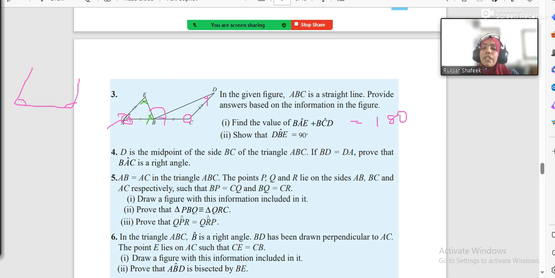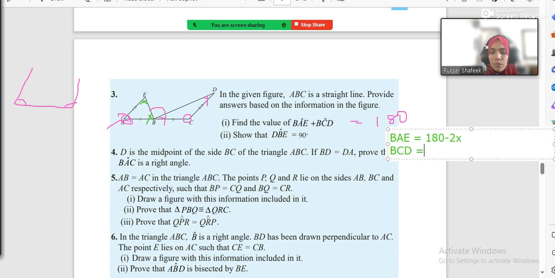So basically 180 minus 2x gives you BAE. I'm going to write that down: BAE is equal to 180 minus 2x. At the same time, using the same method, BCD is equal to 180 minus 2y.